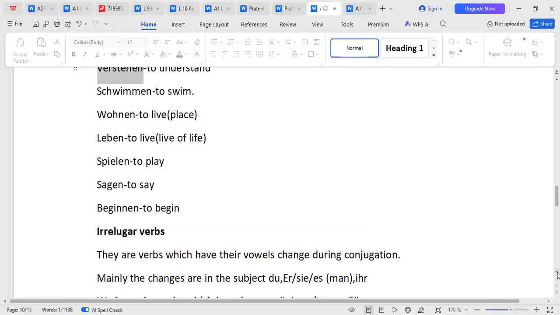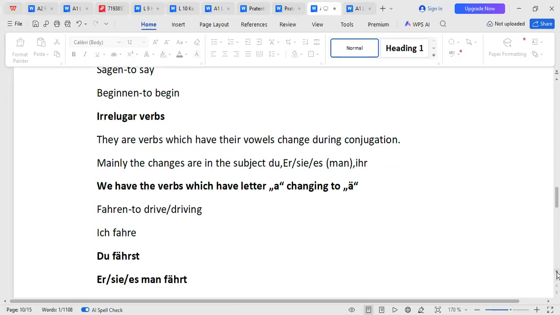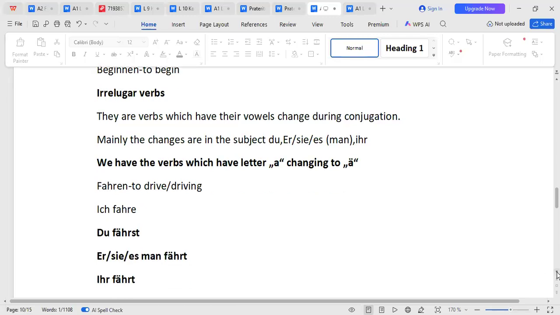Just briefly, before we learn sentence structure, I want to take you through irregular verbs because this is very crucial. We also have irregular verbs in German, by the way. Irregular verbs are verbs which have their vowels changed during conjugation.